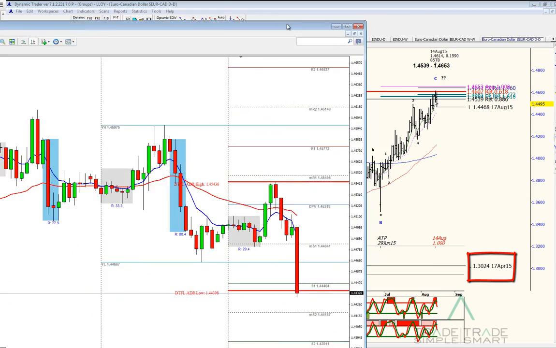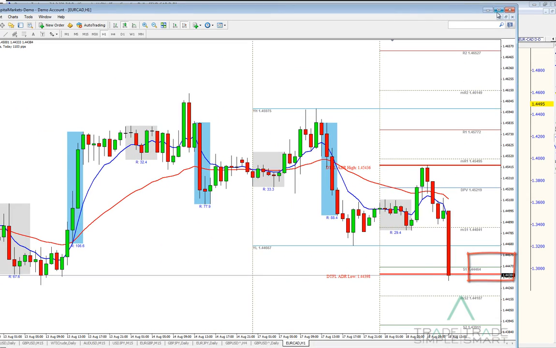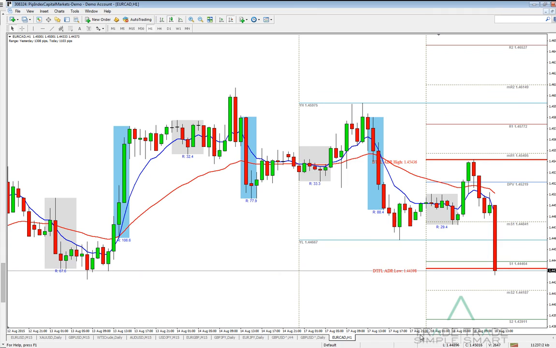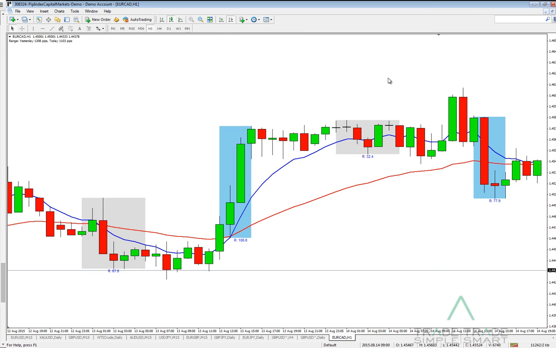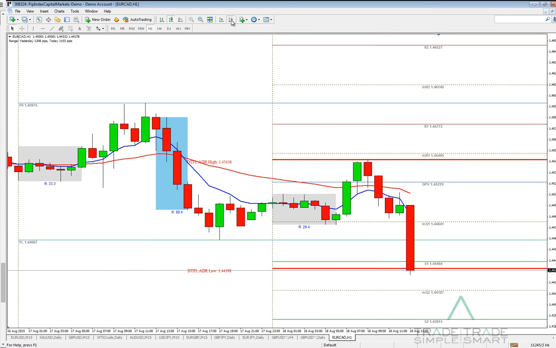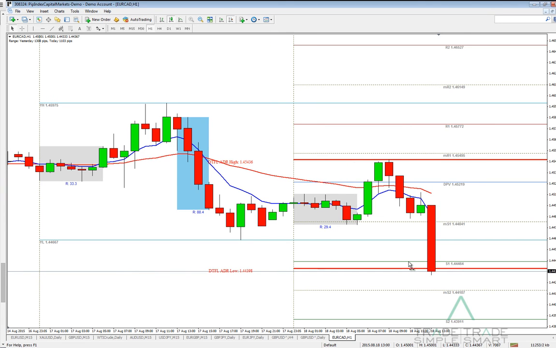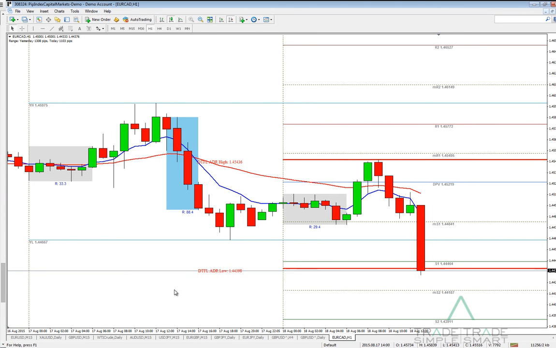130.24. Now, if we go to our MT4 platform and look at the price action for today, we can see that this bar here is a rather aggressive bar on the hourly, and it has violated yesterday's low.